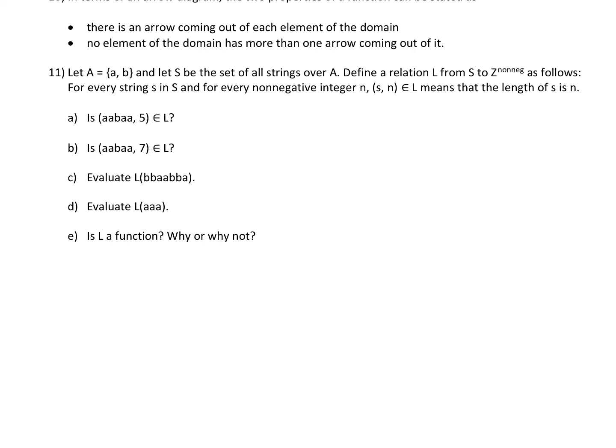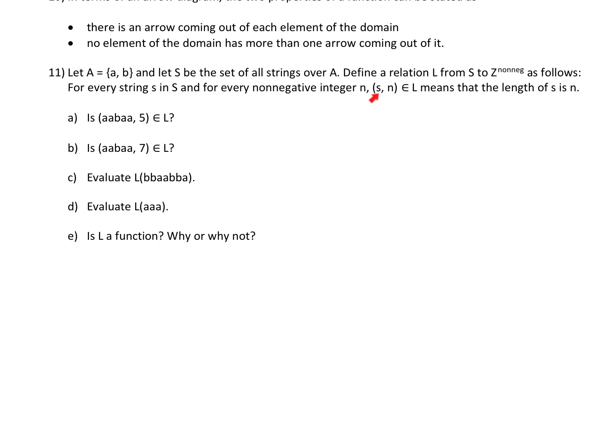Okay, number 11. Let A be the set {a, b}, and let S be the set of all strings over A. We're going to define a relation L from S to Z non-negative integers, so that for every string s in S, so little s represents a string, in big S, the set of all strings, and for every non-negative integer n, (s, n) is an element of the relation means that the length of s is n.